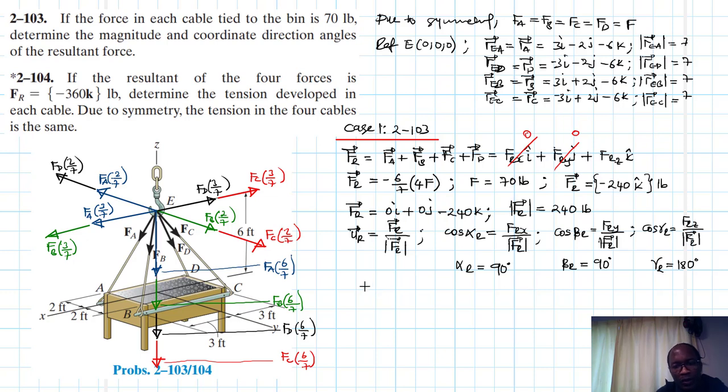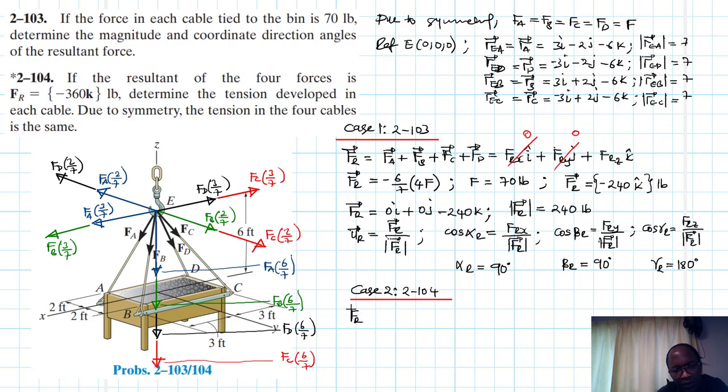Right. So let's go to the second case, that is case 2, and this is 2-104. In this particular case, they've given us already the resultant.